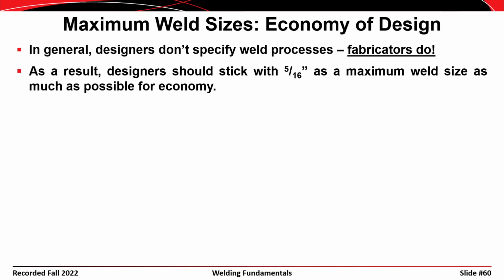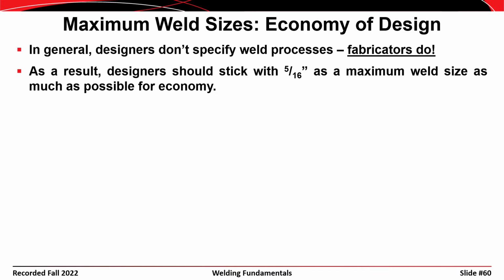Now, one thing to bear in mind, however, is that generally it's not the engineer of record that specifies the process that's going to be used for welding. It's typically the fabricator that does that. So when you're specifying a weld size as the engineer, you want to bear in mind that depending on which process the fabricator selects, it might be a process that requires multiple passes where you had envisioned it to be a single pass weld.